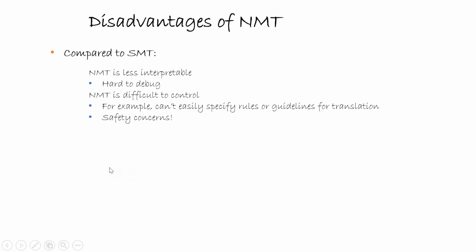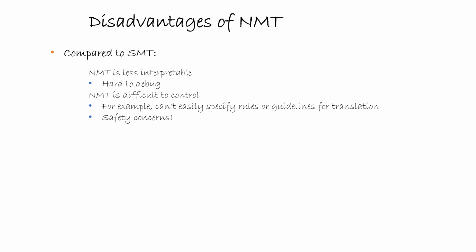Okay. So disadvantages: compared to statistical machine translation, NMT is less interpretable, right? As we see for all deep neural networks, we can say it is dark. We cannot see what's happening, and we cannot control what's happening inside. That is a bit disadvantageous compared to how we did it in SMT. For each feature, each step, we can modify, we can improve, we can probably build a new technique to improve over the previous technique, like from word-based to phrase-based.